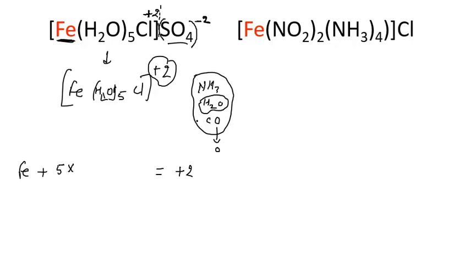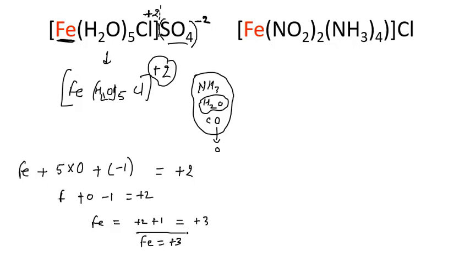It is a neutral molecule, neutral means it does not have any charge. We mention here 0, and plus halogens in general, they always show minus 1 oxidation number. Here we get plus 0, minus 1 is equal to plus 2. Then Fe is equal to plus 2, plus 1 is equal to plus 3. Then iron shows plus 3 oxidation number.